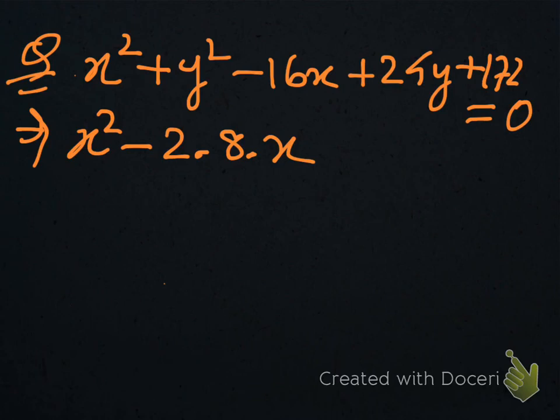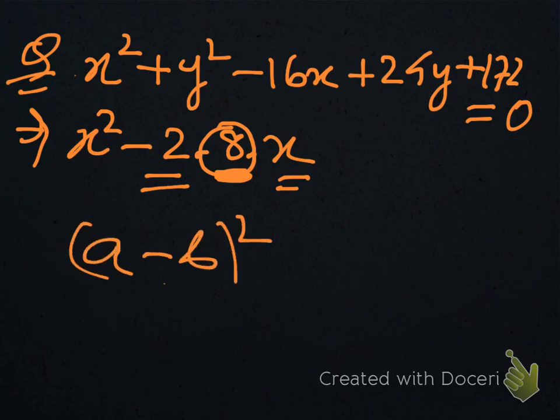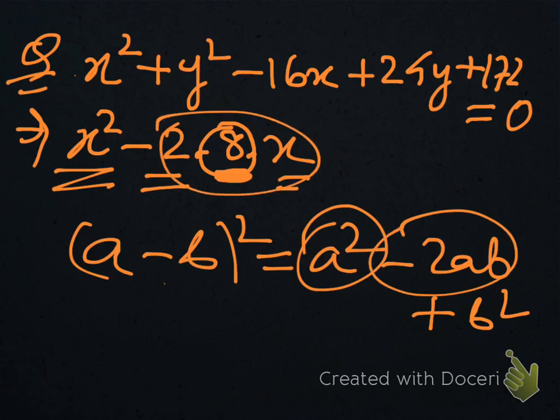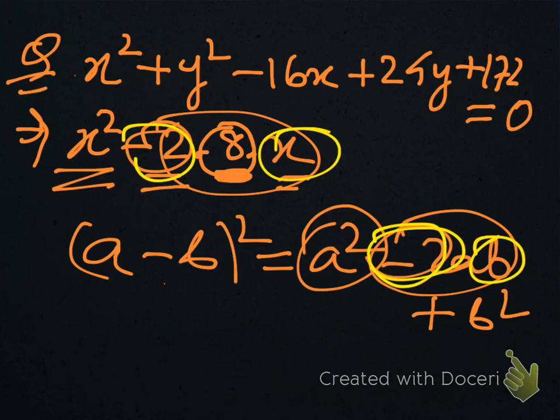Now x squared minus 2ax, this is 8 multiplied with 2. So basically, a minus b whole square, in place of it we can write a square minus 2ab plus b square, right? Here you can see x square is basically a square. If you compare this part with this, you'll come to know that minus 2 is equal to minus 2. x is a, and 8 is b.